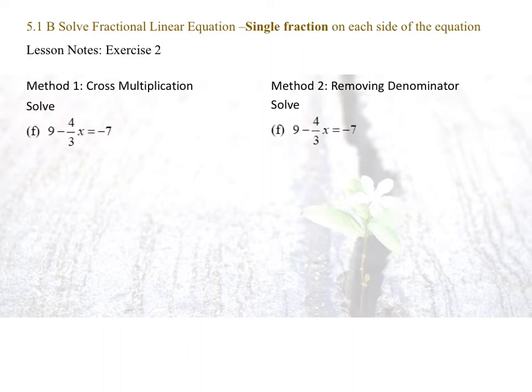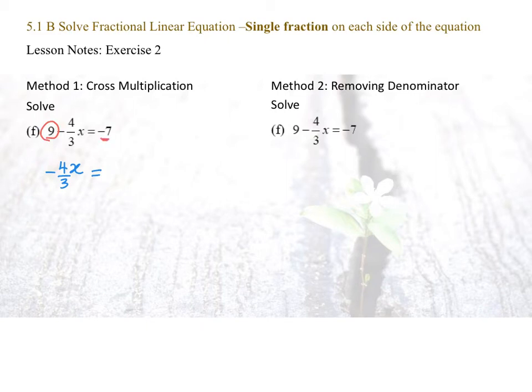So what we are going to do, we are going to have a single fraction on both sides. So let us keep our equal sign, and I'm going to keep negative 4 over 3x. Remember, x is in the numerator. And I'm going to migrate 9, the like term, this is a constant term, together with negative 7.